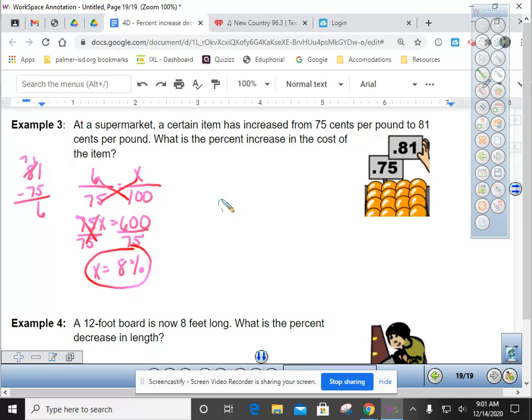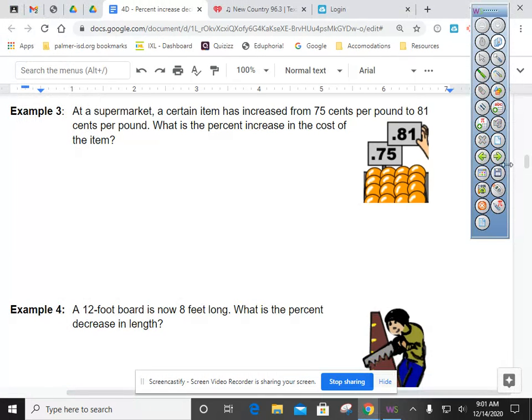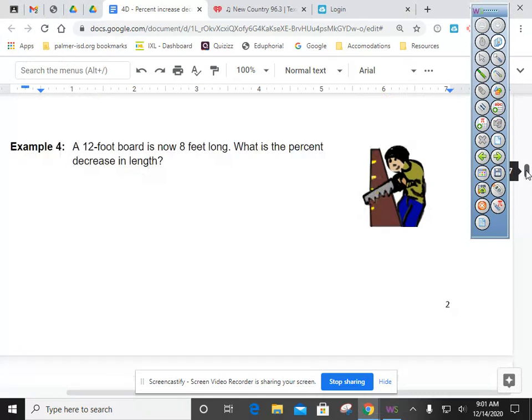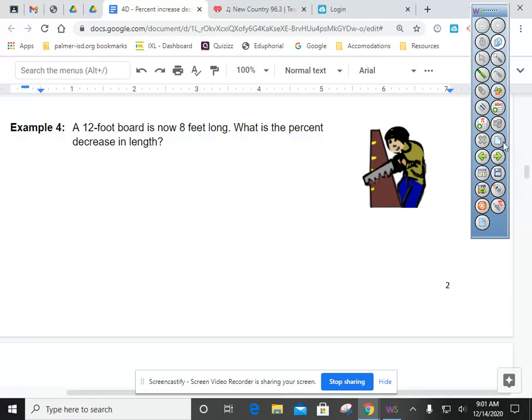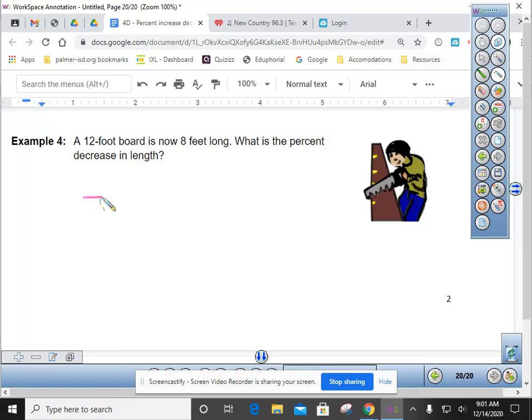All right. So we're going to move on to example 4. A 12-foot board is now 8 foot long. What is the percent decrease in length? What are we going to write first? You're going to write a proportion, over 100. How long was it? It was 12 foot. What is the decrease? What is the change?